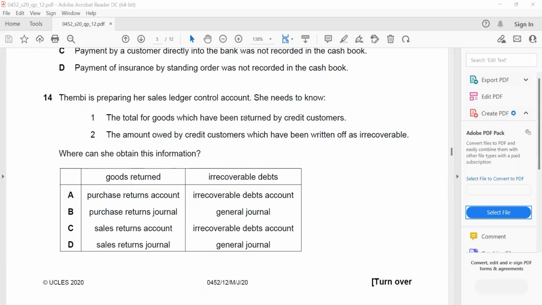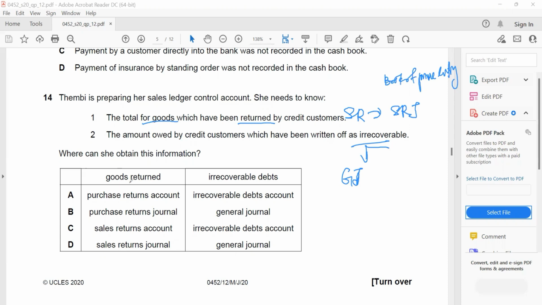The goods returned is a sales return. Sales return, where is the book of prime entry? The book of prime entry for the sales return, so we can get it from the sales return journal. The amount owed by a credit customer which had been written off as an irrecoverable debt, we go through the general journal for the adjustment.